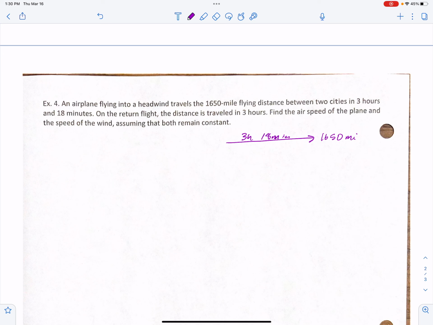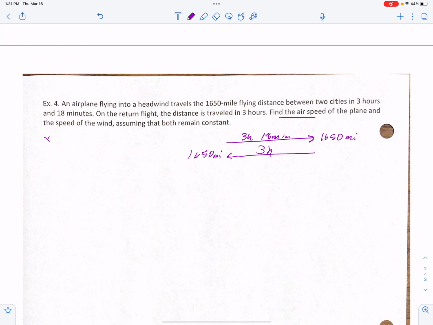And then on the return flight, it has the same distance to fly, 1,650 miles, but it only takes 3 hours. And that's because there is either a headwind or a tailwind. And so it says find the airspeed of the plane and the speed of the wind.